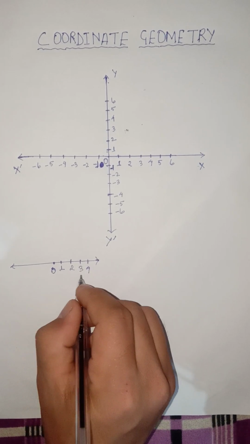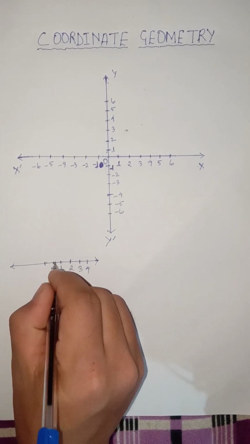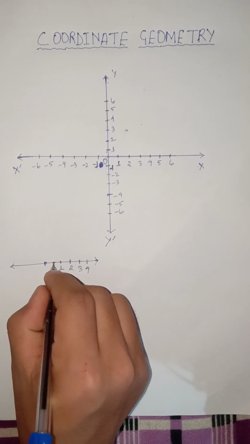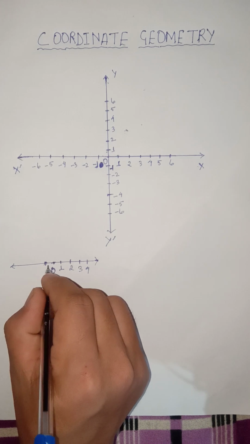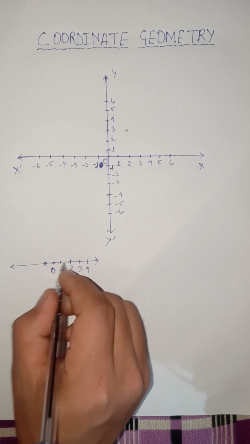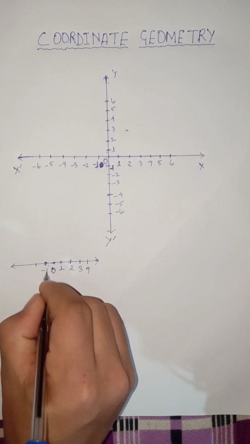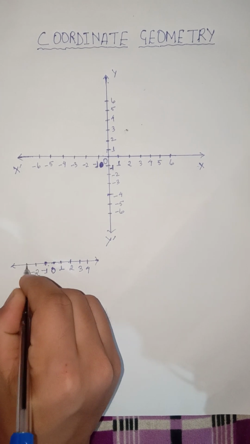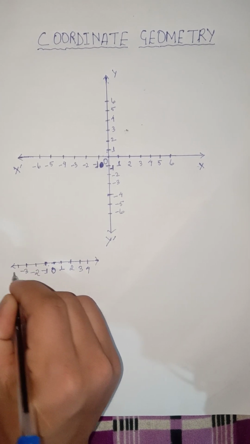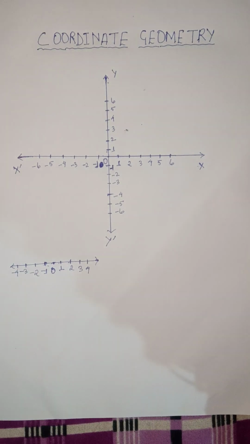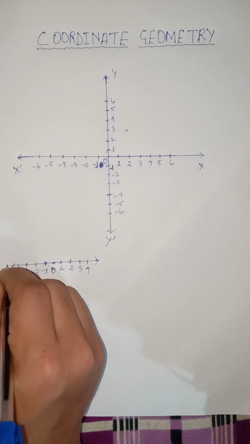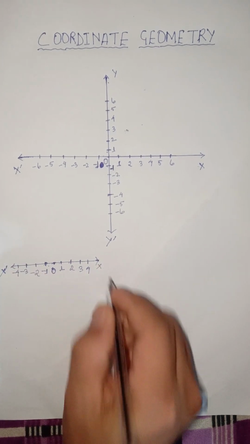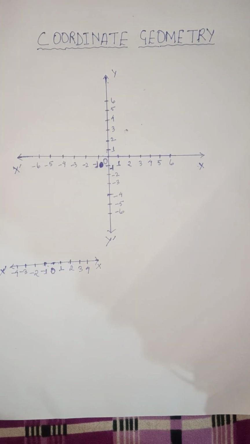Here I'm writing it simply, but whenever you write, make a scale with appropriate measurement. You have to make it 1 unit in each step, right? It will be -1, -2, and then -3, and then -4, right? Here we have x dash, and here it is x, right?